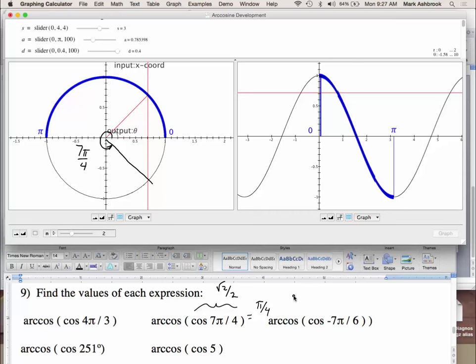Okay, let's do one more. Negative 7 pi over 6. Negative 7 pi over 6 is in which quadrant? So 6 pi over 6 would be pi, right? So 7 pi over 6 is further or not as far?